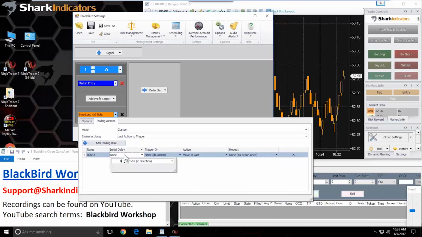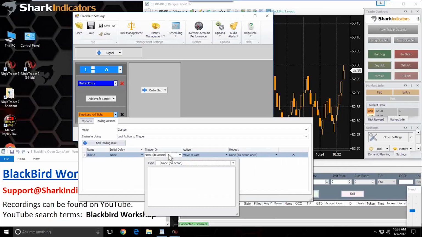So the first thing that has to happen before a trailing rule can execute is that the initial delay has to be met. If there is no initial delay, then that's been met because there's no delay. Then the trigger on will start to get evaluated right away.